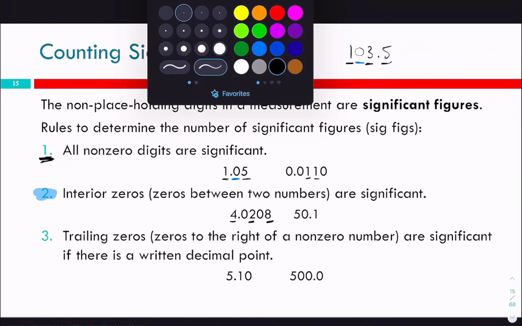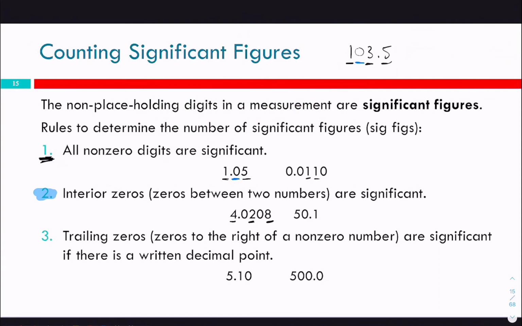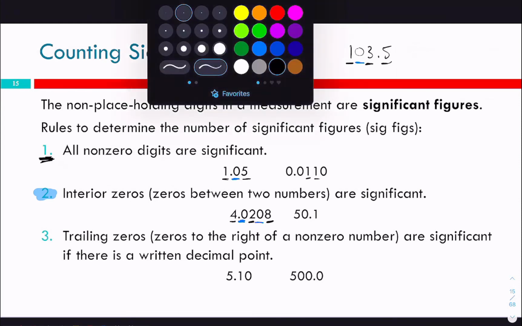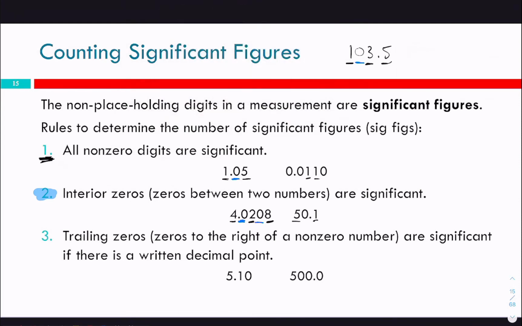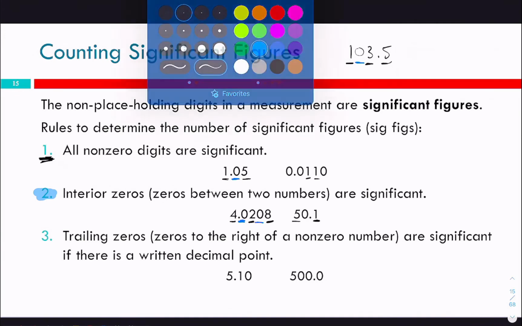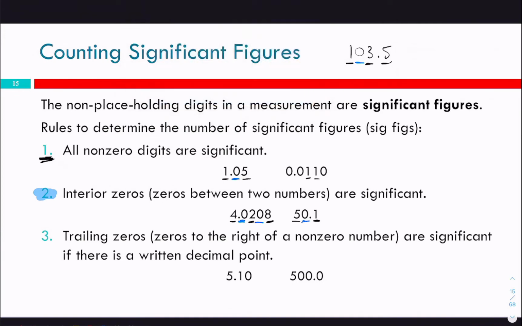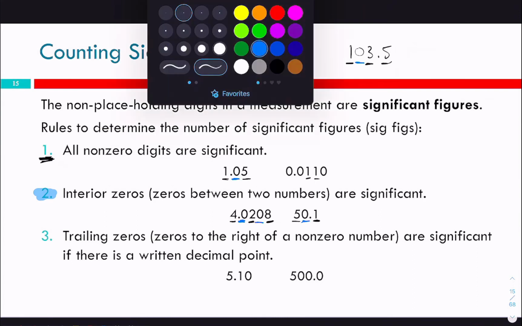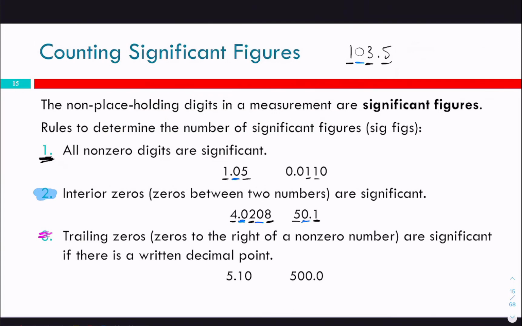And then we can apply rule 2 and say that these are interior zeros, so they're also significant. For this next example, 5 and 1 are significant, and then the interior 0 is also significant. Then rule number 3, I have to remember which colors look good on the screen.